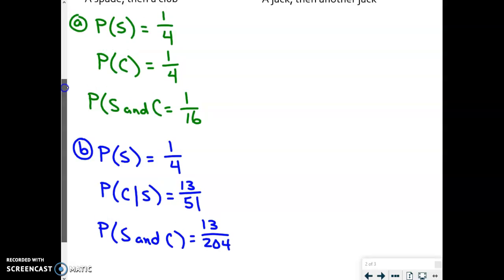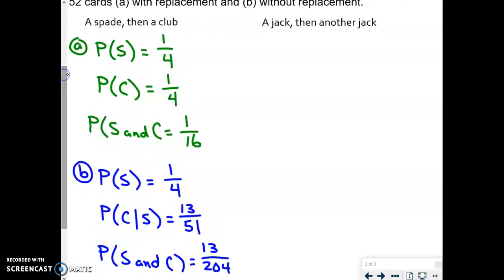Now, if we go back up and take a look at the second scenario, here we're going to draw a jack, then draw another jack. So with this one, the first one was, again, with replacement. So there are 4 jacks out of 52 cards in that deck. So the probability that the first one that we draw, the probability of 1 jack, would be 1 out of 13.